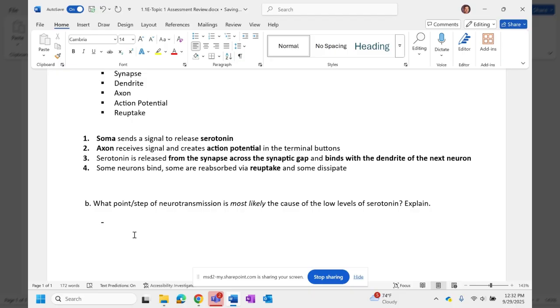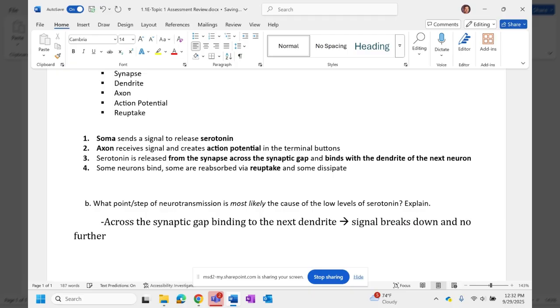If not enough serotonin or any neurotransmitter binds to the next dendrite, then the next neuron will not send another signal to release serotonin. So this is going to be across the synapse or the synaptic gap, binding to the next dendrite. Basically the signal breaks down and no further serotonin is released.